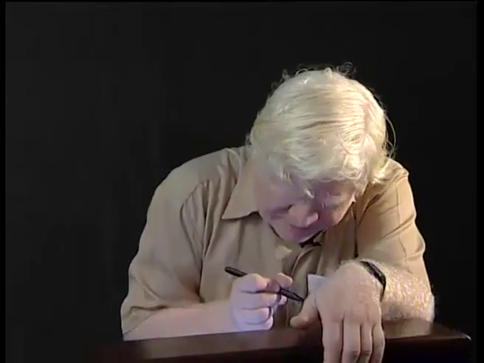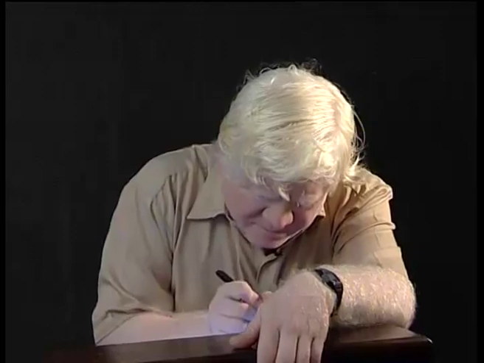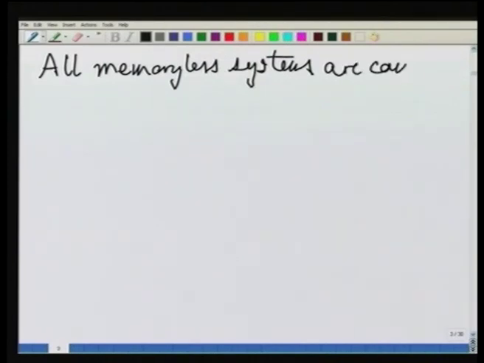If we look at these two definitions side by side, it is immediately clear that all memoryless systems are causal.